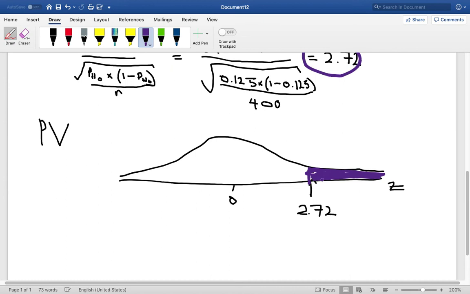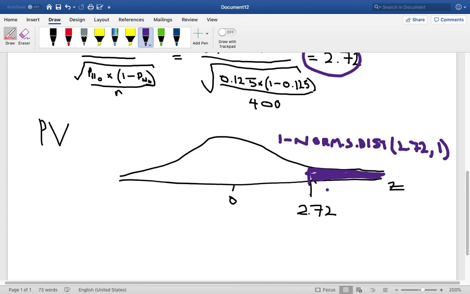And if you look back at the previous video, I gave you a template for calculating this, and this is going to be 1 minus NORM.S.DIST. We need the test statistic, which we said is 2.72, and then we're going to put either a TRUE or a 1, which gives us the same result. And let's see what that gives us.